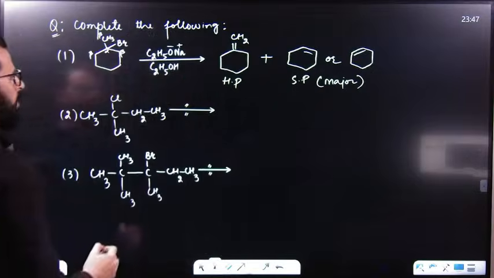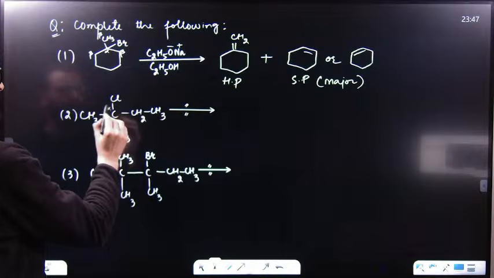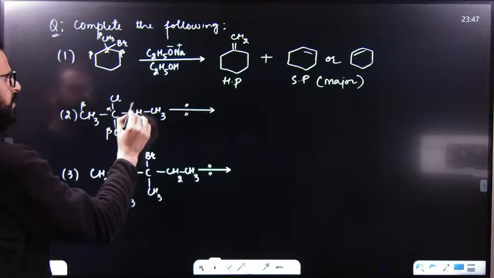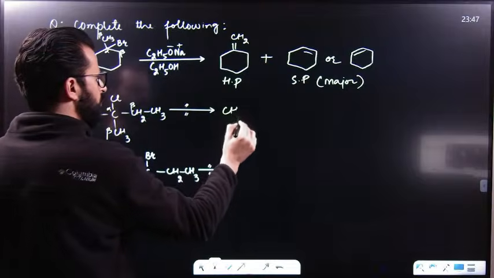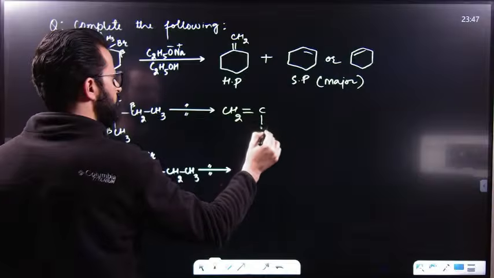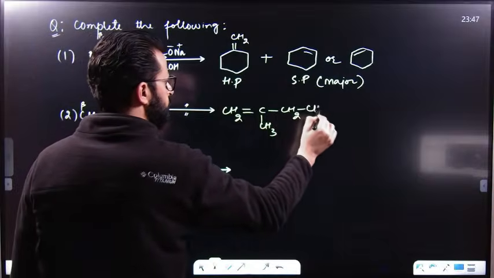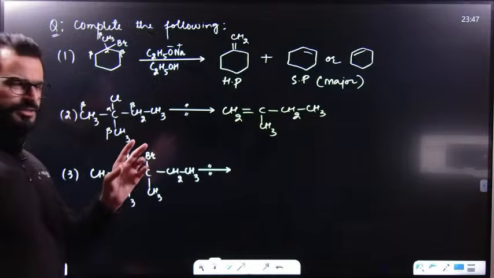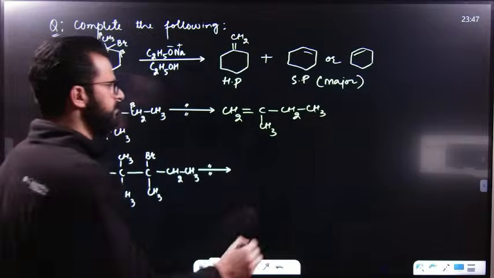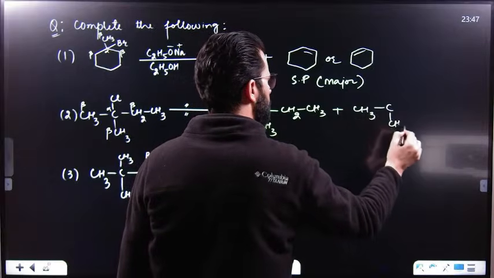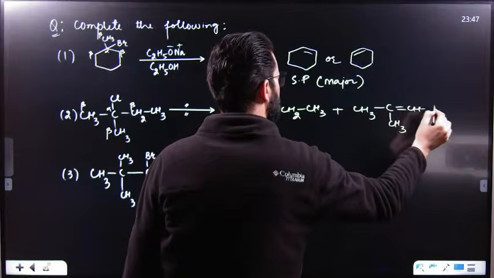Okay. Now similarly, this is alpha, this is beta, this is beta. These betas are identical and this beta is different. So there are two types of products, CH2 double bond C, CH3, then CH2, CH3, because you have to remove beta hydrogen and form double bond between alpha and beta. Another product will be CH3, C, CH3, double bond CH, single bond CH3.